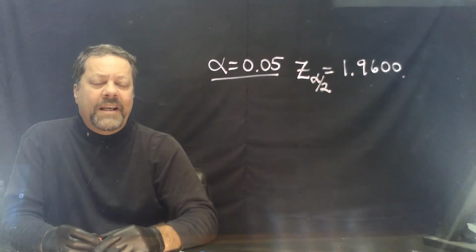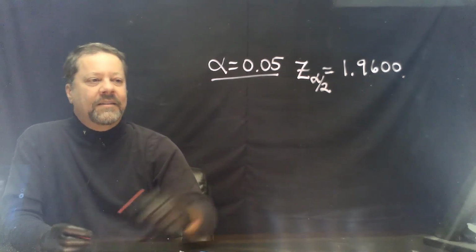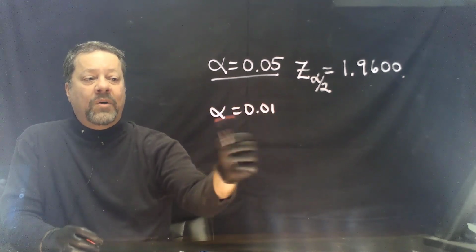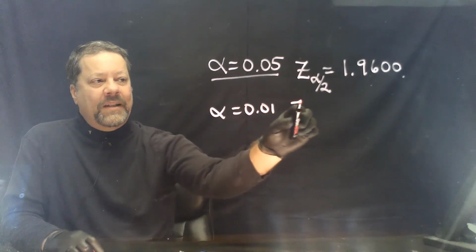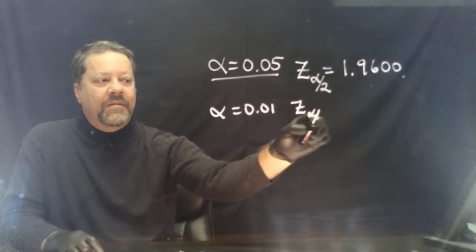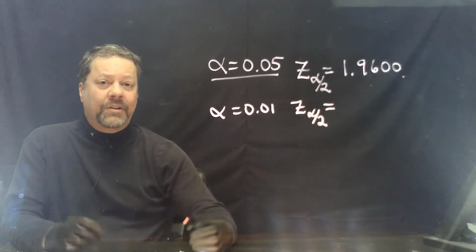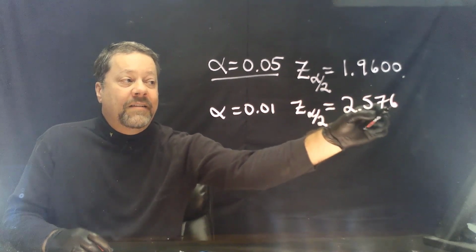What if we want to be even more confident? 99% confidence. In that case, we'll only accept a 1% chance of error. We'll split that difference between the two endpoints, and the critical z ends up being 2.576.